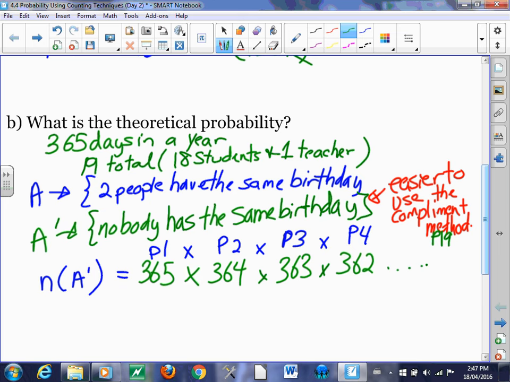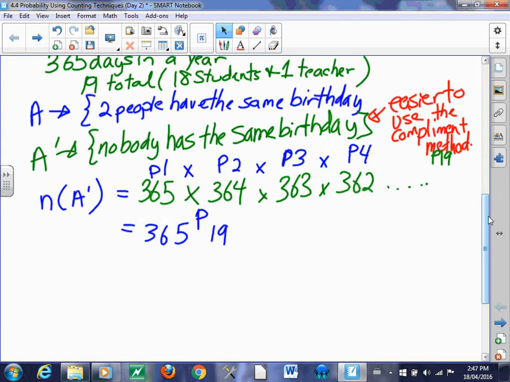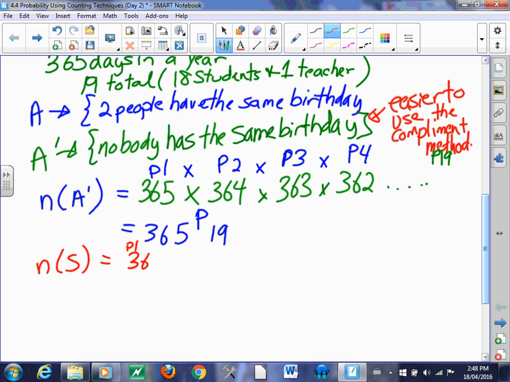What we're going to realize here is that we're subtracting 1 each time, so we can set this up as 365 permutate 19, because we need 19 of them. Now, to figure out the number in our sample, person 1 can pick any of 365 days, times person 2, any 365 days, times person 3, and so on.